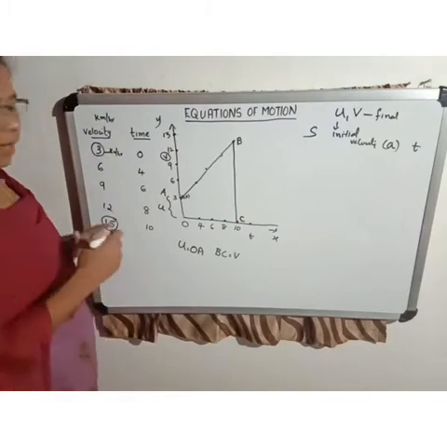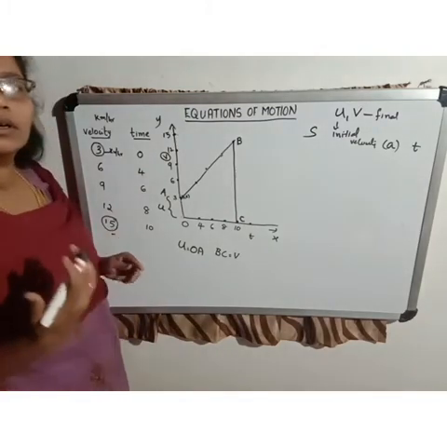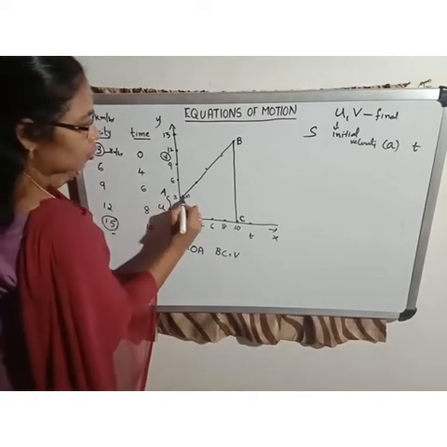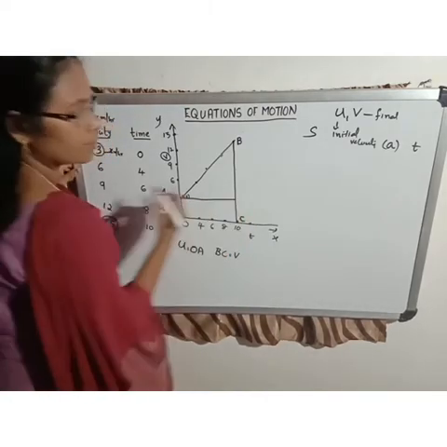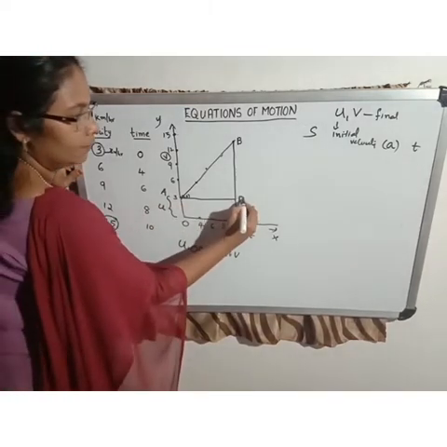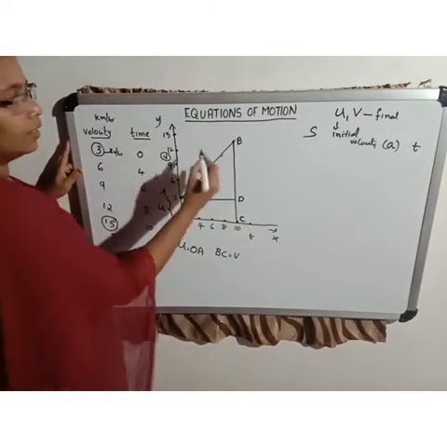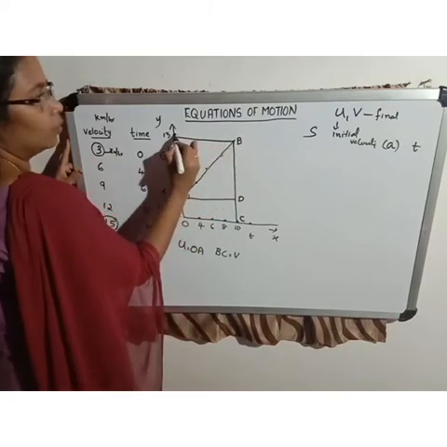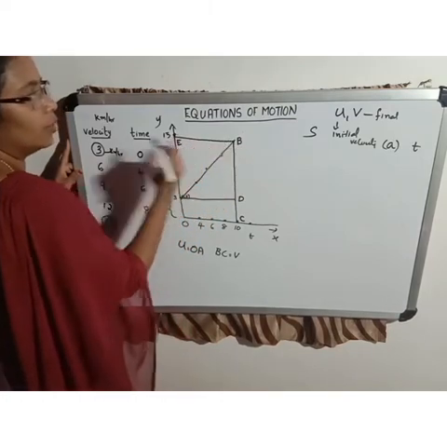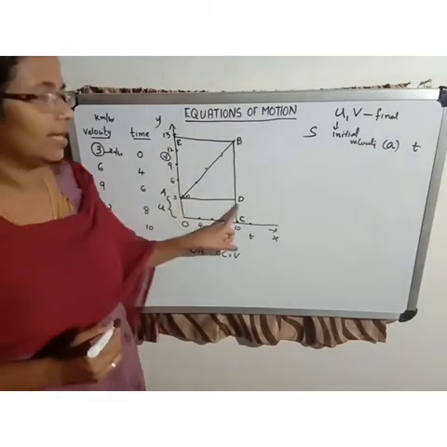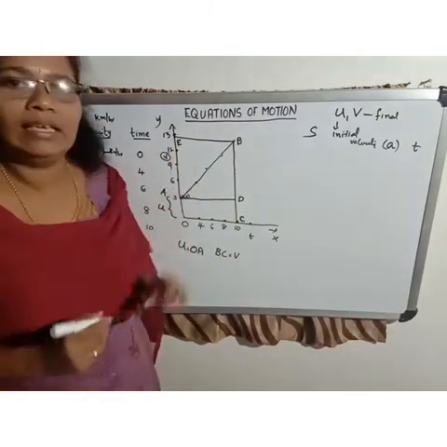So for that, as a starting, I'm just drawing two parallel lines like this. I'm drawing AD like this. Similarly, I'm drawing BE also. I draw two parallel lines, which are AD and BE.